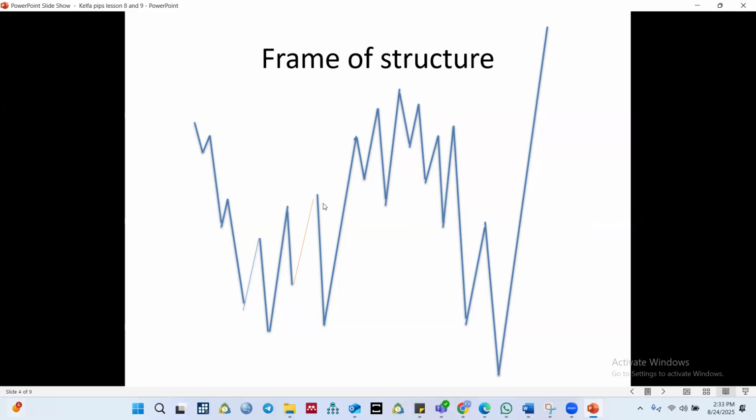Then this time, the bigger corrective move happened, where it takes out liquidity from the internal low that we see there, and then finally price moves to the upside.